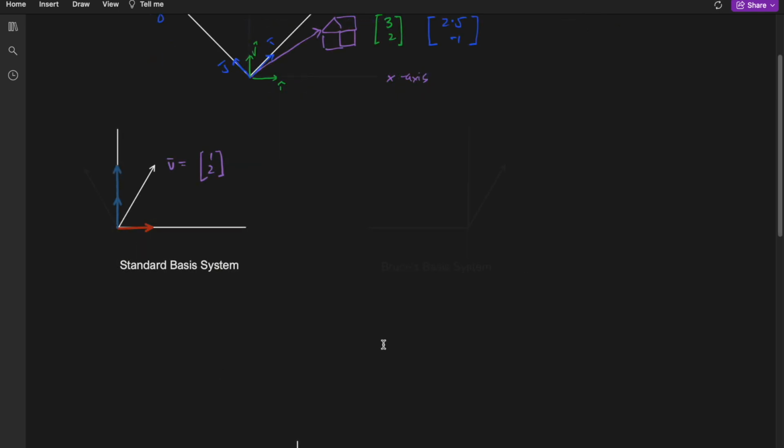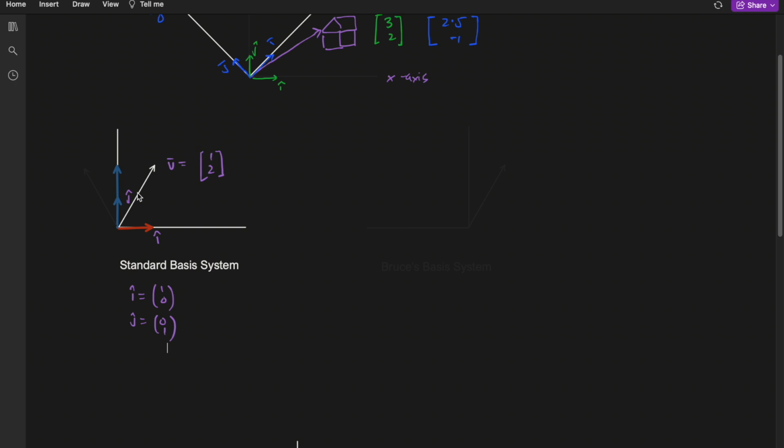So these are the standard basis vectors for this basis system, which is i hat, that is 1 comma 0, and this is j hat, which is 0 comma 1. This vector is 1 comma 2, right? So I need to move 1 unit in the direction of i hat and 2 units in the direction of j hat.